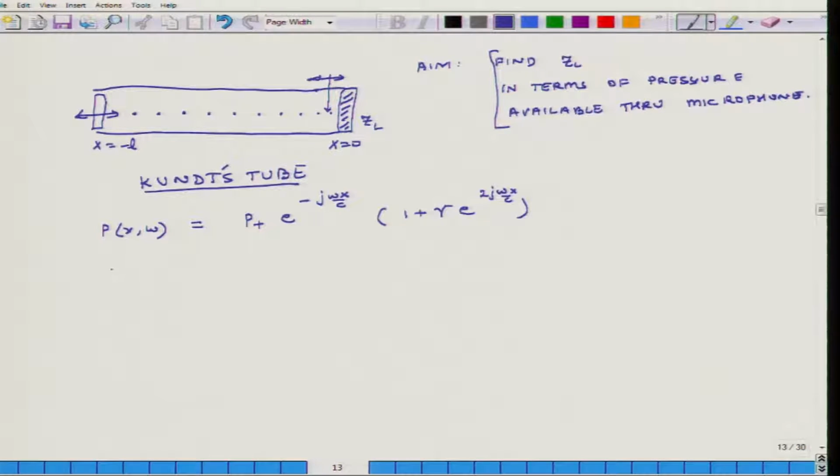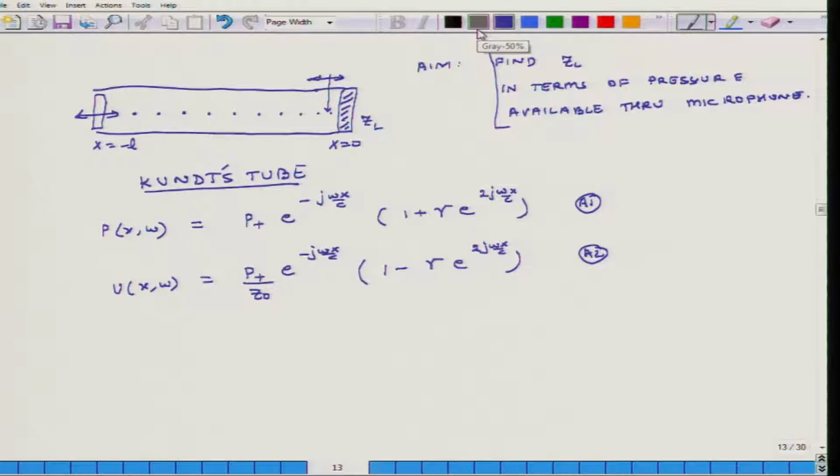This is an expression which we had developed yesterday, and the amplitude of complex velocity we had figured out was P plus e to the power of minus j omega x over c, and P plus divided by Z naught, times (1 minus gamma e to the power of 2 j omega x over c). Okay. Let us call these equation A1 and this equation A2.